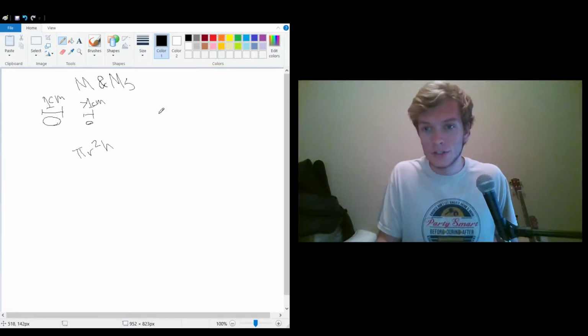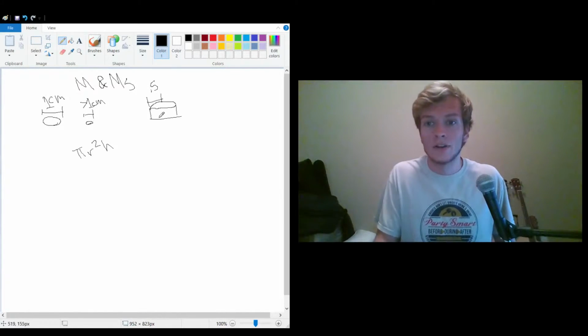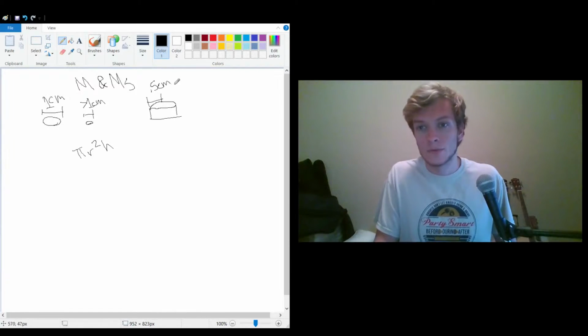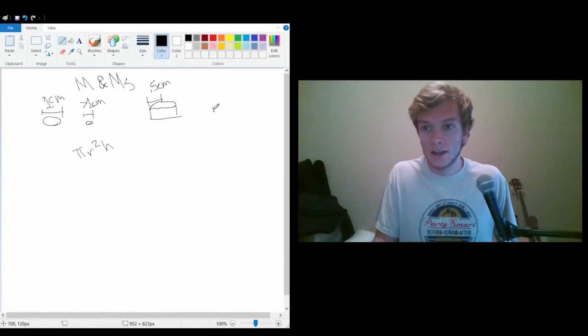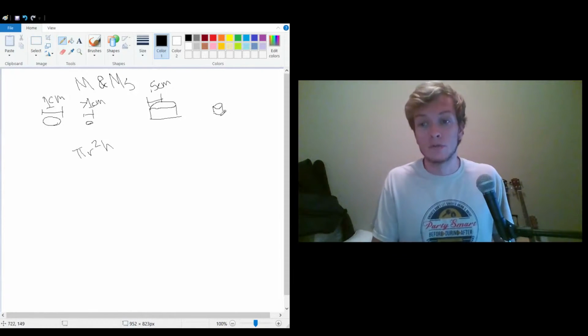So if we just assume that these shapes are cylinders with a radius, the normal M&M would have 0.5 cm for radius, and a miniature M&M would be obviously a lot smaller than that in terms of volume.